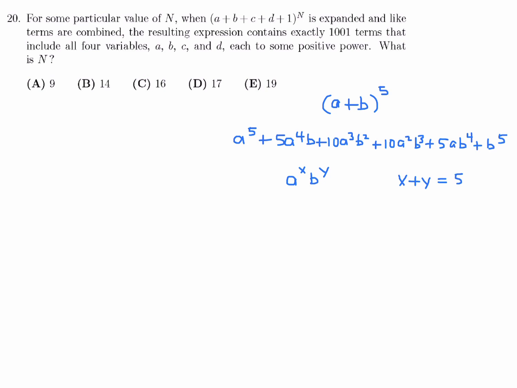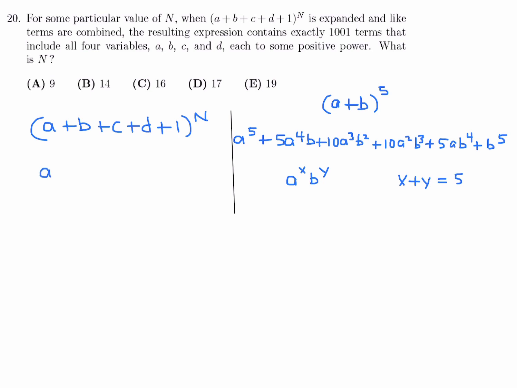So in a very similar way, if you look at this expression, it would be the same sort of story. If we have (a plus b plus c plus d plus 1) all to the power of n, and obviously I don't know what n is, and even if I did, I'm not going to expand it out. It'd be way too time consuming.